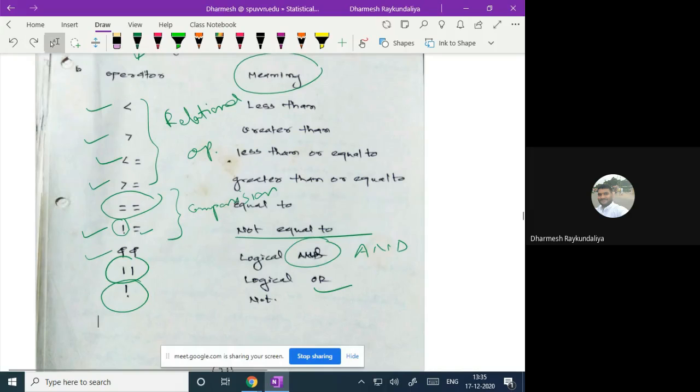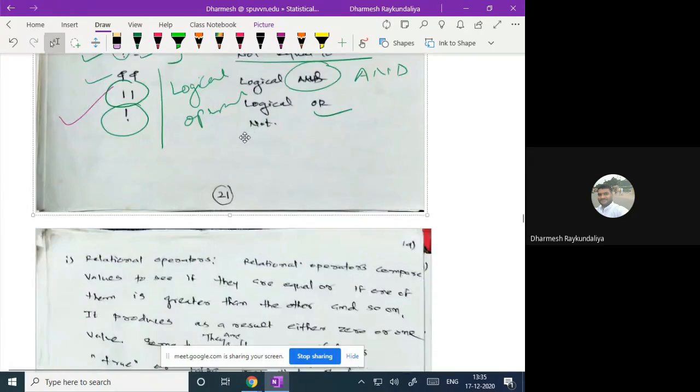These are said to be logical operators. So comparison and logical operators are mainly classified into three groups: relational operators, equality operators, and logical operators. We will see these three one by one.